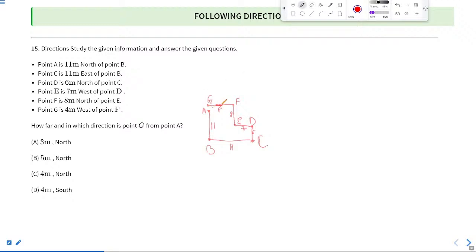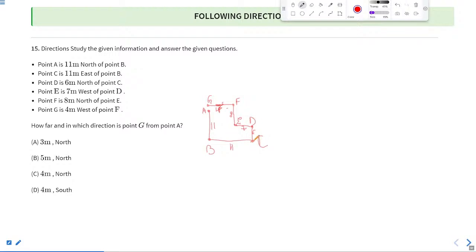So, 4 meters. So, 7 plus 4, 11 towards west. B and C are 11 meters east, so those cancel out.